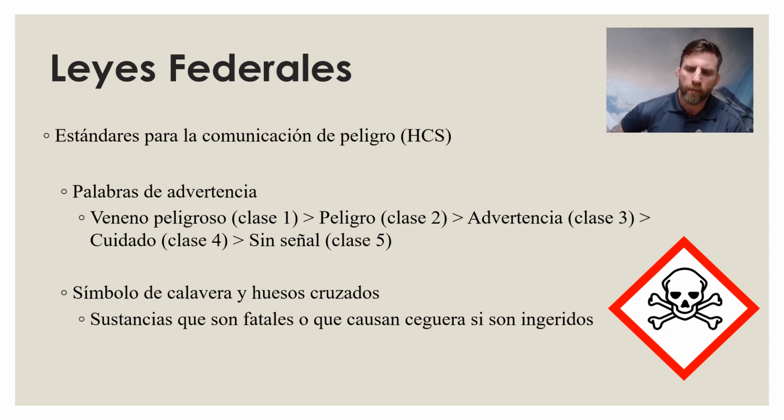And the important thing associated with the HCS, I feel, is signal words. So the Hazard Communication Standard is how signal words were developed. Whenever you buy a pesticide, on the front of the label will be a signal word, and it'll be one of these 5 classes.